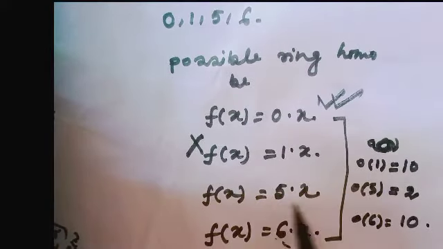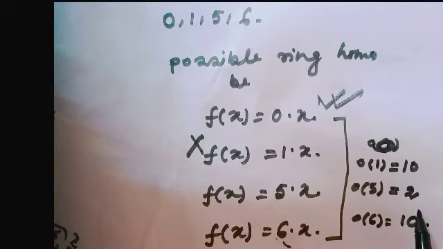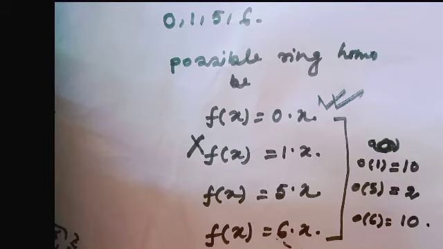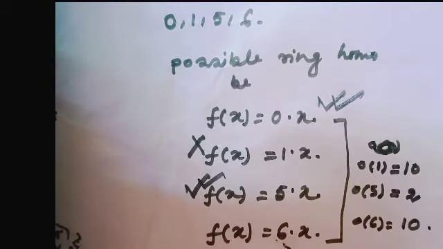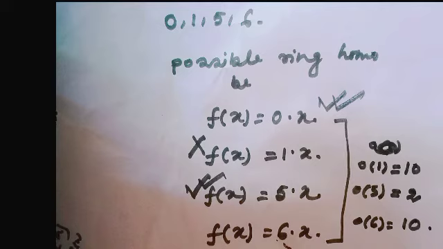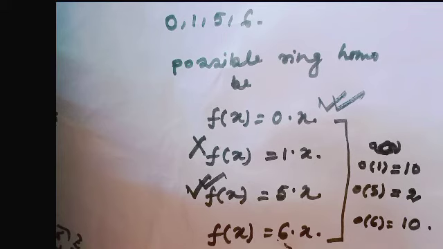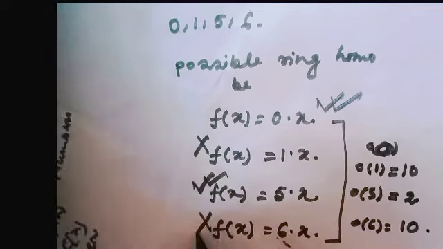And the order of 5 equal to 2, and in Z5 there exists an element of order 2. So this ring homomorphism is possible. And the order of 6 equal to 10, and in Z5 there also exists no element of order 10. So this ring homomorphism is also not possible.